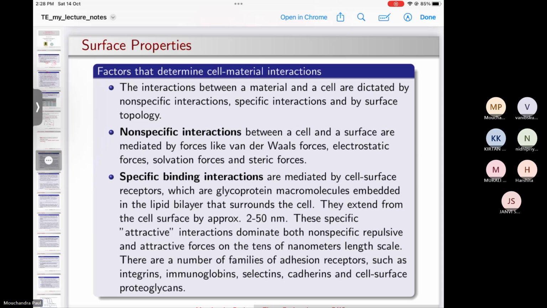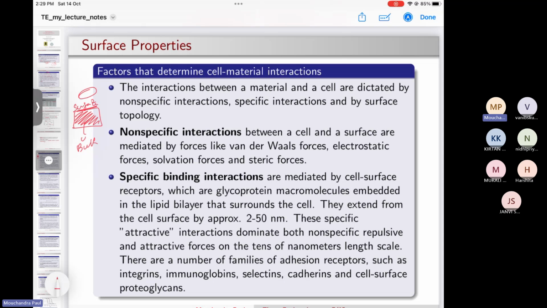So the interaction between a material and a cell is dictated by what kind of surface interactions is possible. So this is the material. So far we have discussed the bulk property, this is the bulk, and this is the surface. Cells will always interact with the surface because it will always see what is on the surface.